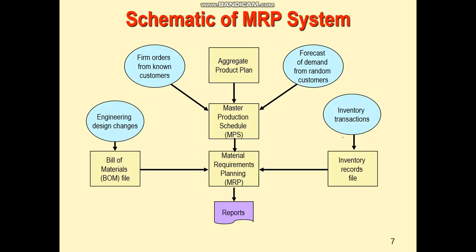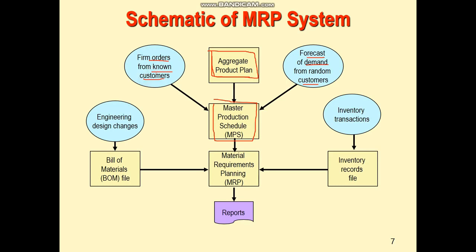Okay, and here you can see how to make the master schedule. Based on the aggregate product plan, which we already learned about in the last lesson on resource planning, and also the forecast demand from the random customer and the orders from known customers.